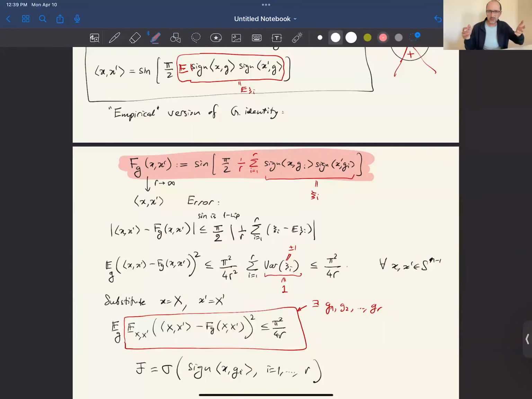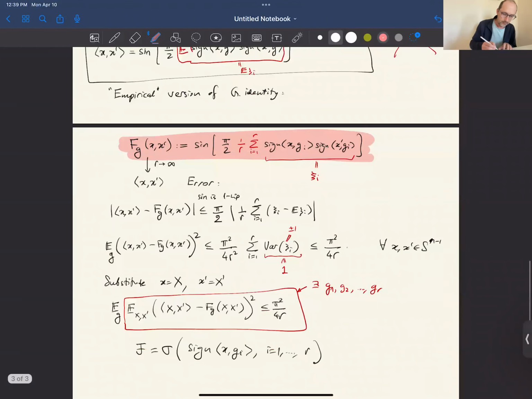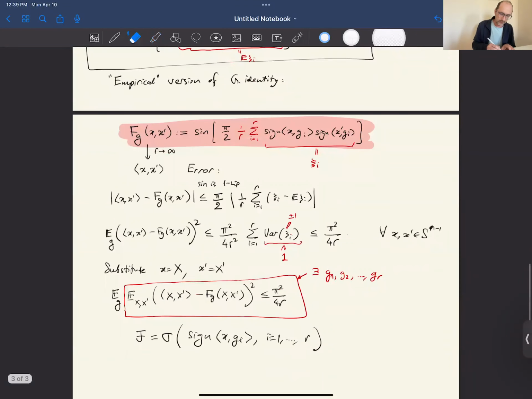You agree? It depends on those signs. It's literally expressed in terms of those signs. So if I take the sigma algebra generated by these signs, then this f_g is measurable. So this makes f_g, as a function of x and x', F cross F measurable.